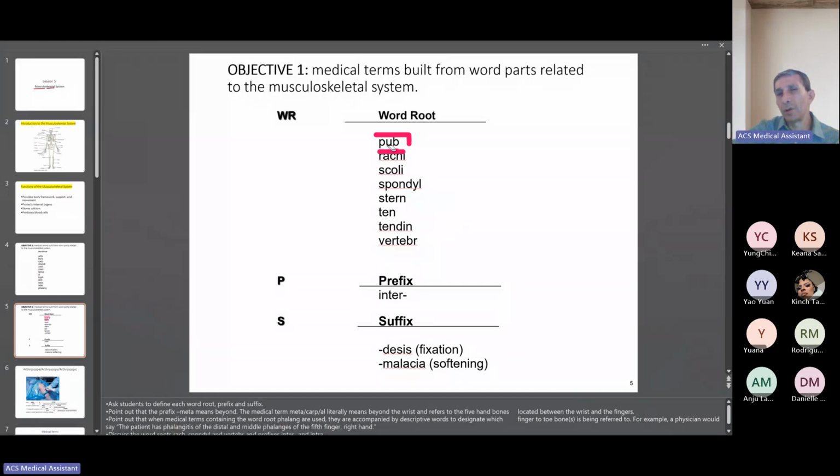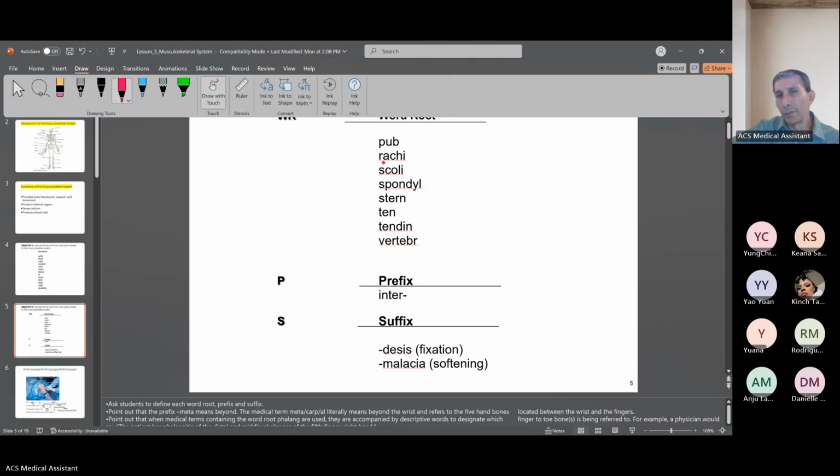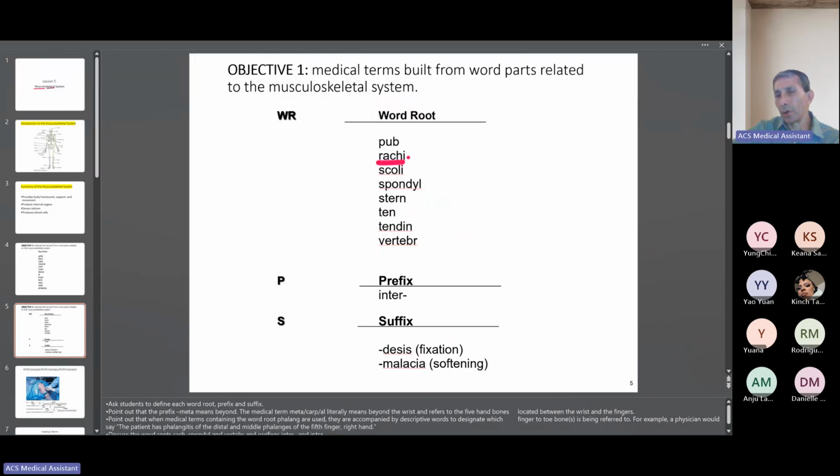We have another term that you're not familiar with, rachis. Rachis means spinal cord or spinal column, depends on what the context is. So most of the time it's the spinal cord.